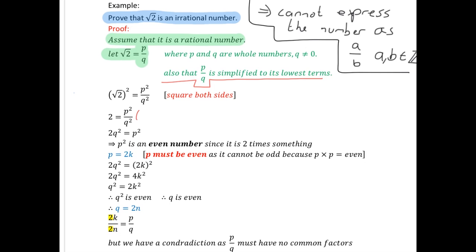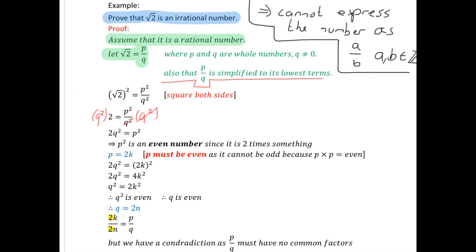If we multiply both sides by q squared, the q squareds cancel on the right, and we're just left with 2q squared equals p squared. That implies p squared is an even number because it is equal to 2 times something, the 2 times q squared. Anything multiplied by 2 is going to be an even number.